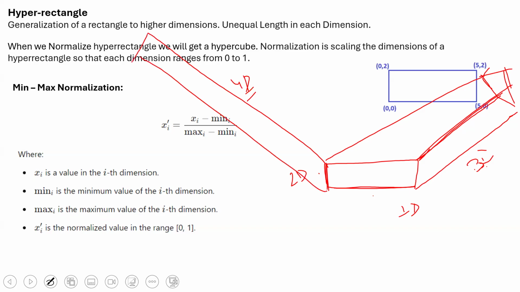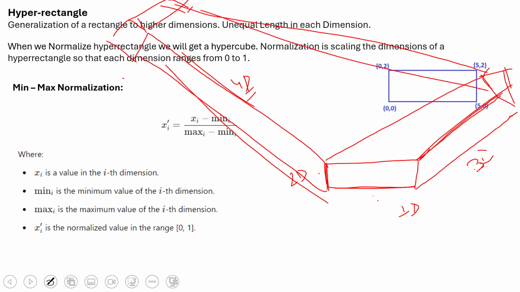It forms a similar diagram to be pasted here, and then the same diagram actually extends. So both will be joined. This actually goes here as well, but they will be joined by different vertices. So that forms a hyper rectangle. That is what unequal lengths in each dimension means.